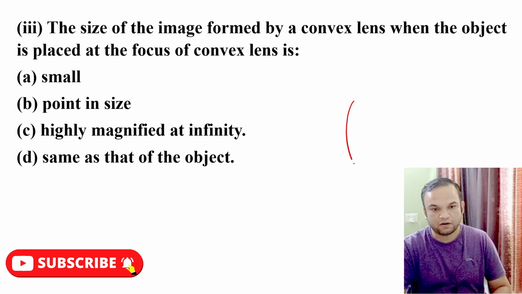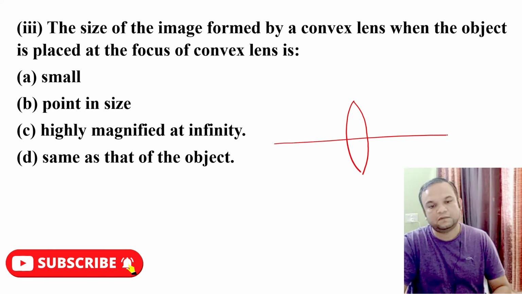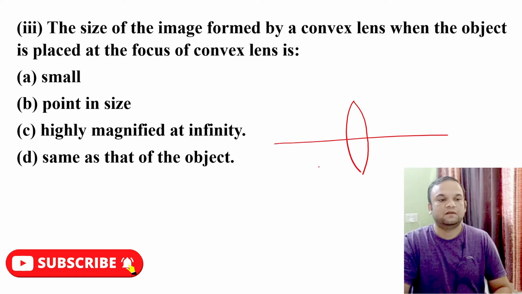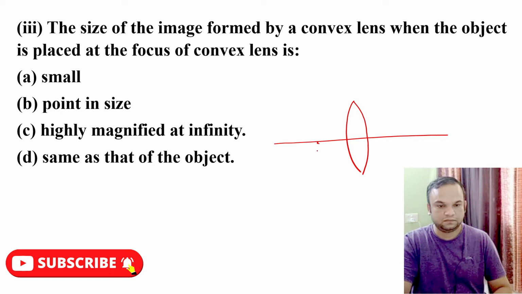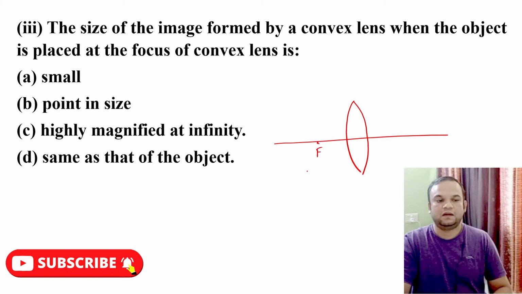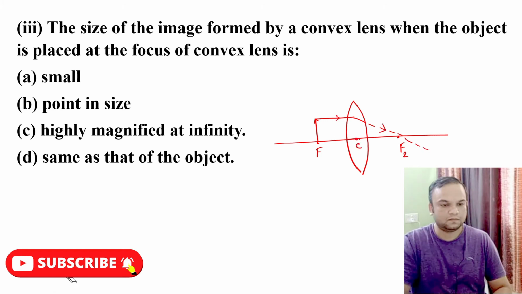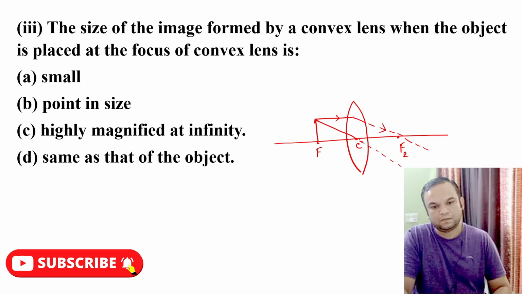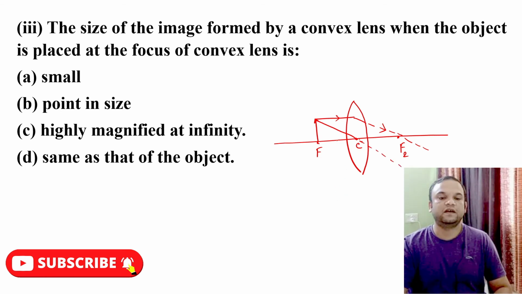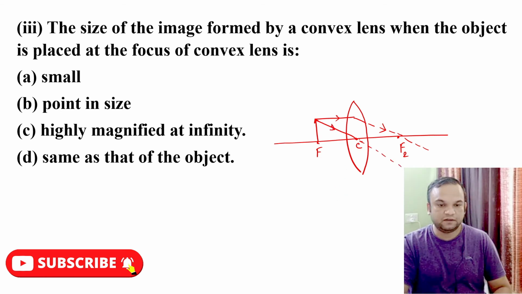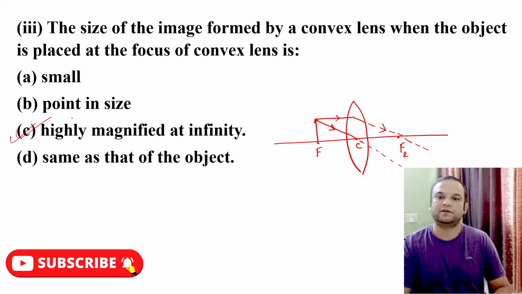If we draw a convex lens, this is the principal axis, and the object is placed at the focus of the convex lens, the image will be... So as you can see in the diagram, if the object is placed at the focus, then the image which is formed is on the right hand side and it will be highly magnified and it will form at infinity. So option C will be the answer for this particular question.